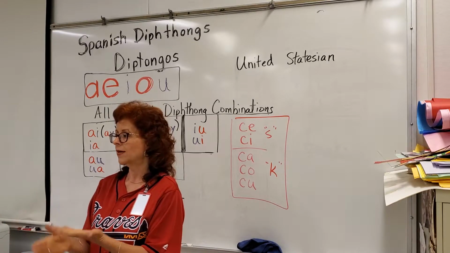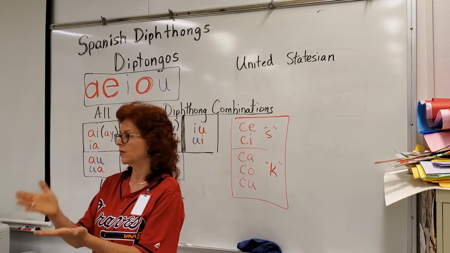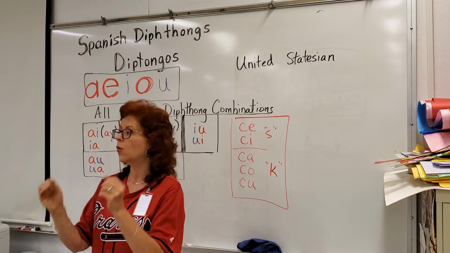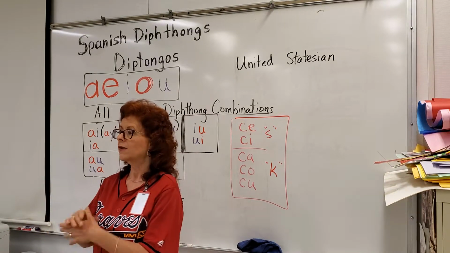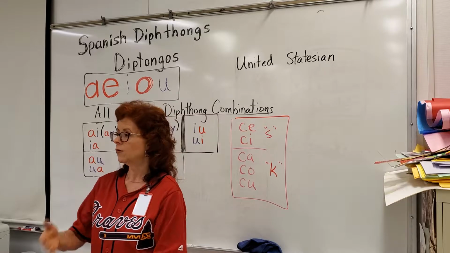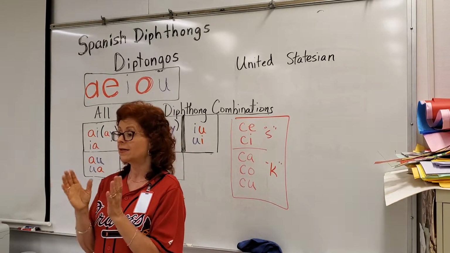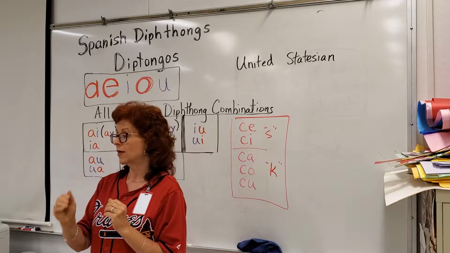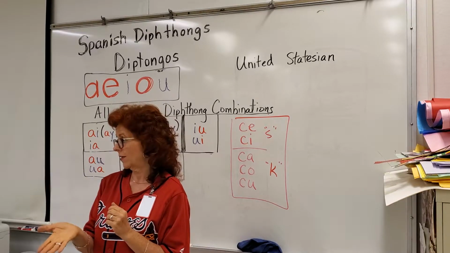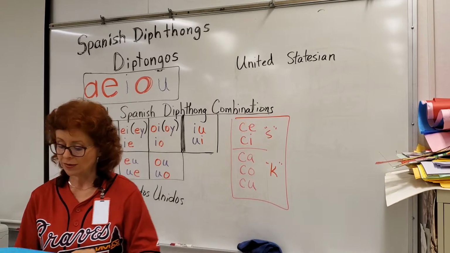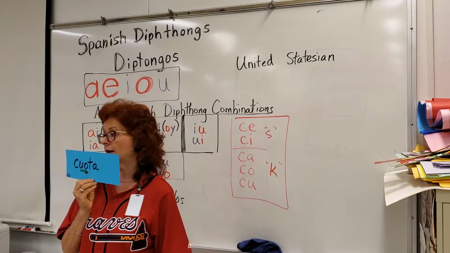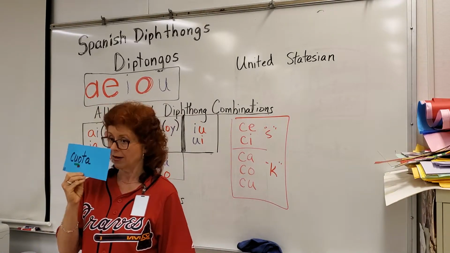By the end of the month, he needs to try to sell X number of tires. Okay, that is a quota. If you're a car salesman, your boss will give you a quota. If you go door to door selling insurance or whatever, you have a quota. It is the amount that you're trying to reach, a goal for the month. Okay, that's a quota. So the word in Spanish is very much like our word in English.